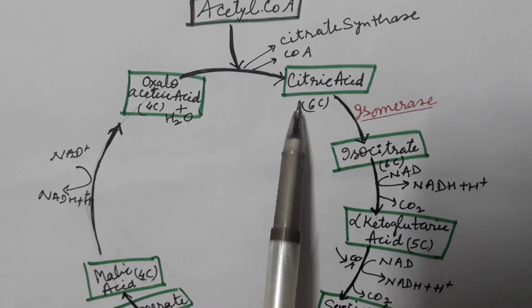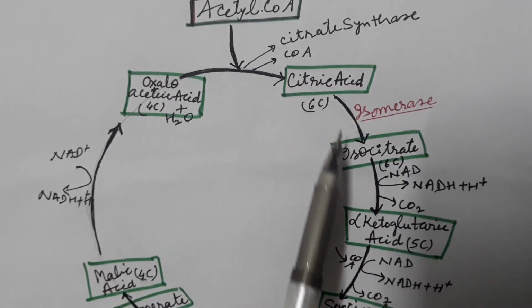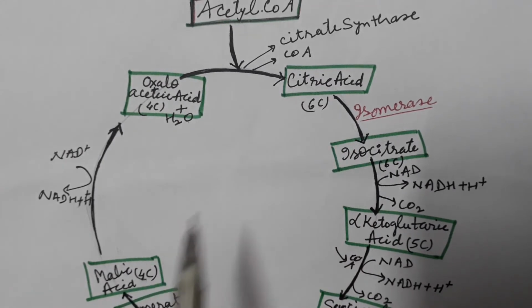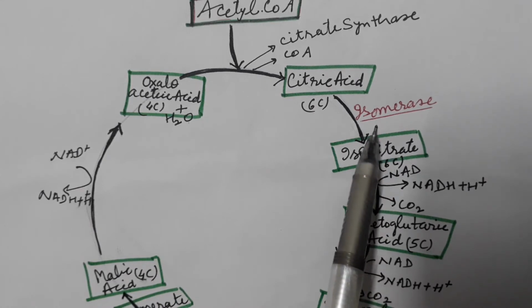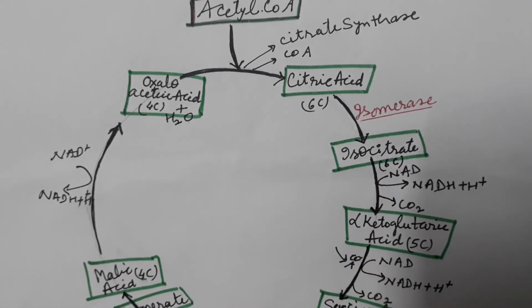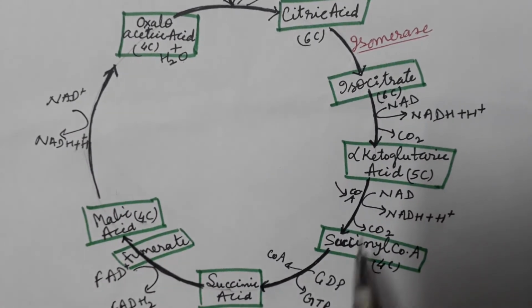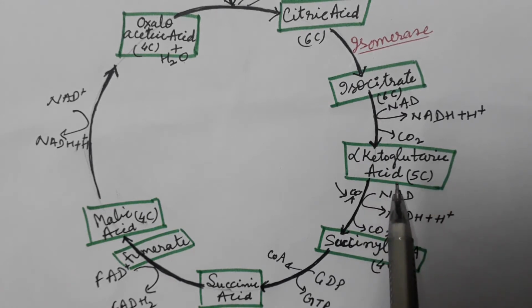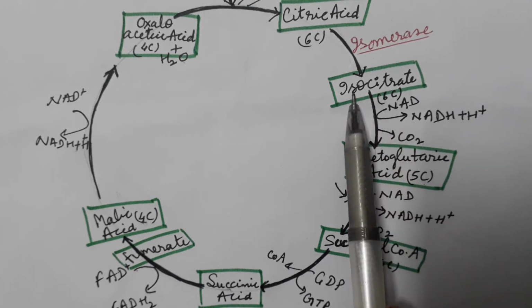In the next step, citric acid is isomerized into isocitrate. Isocitrate and citric acid are both isomers and both are 6 carbon compounds. Citric acid is converted into isocitrate in the presence of the isomerase enzyme. In the next step, isocitrate is converted into alpha ketoglutaric acid. Alpha ketoglutaric acid is a 5 carbon compound and isocitrate is a 6 carbon compound.